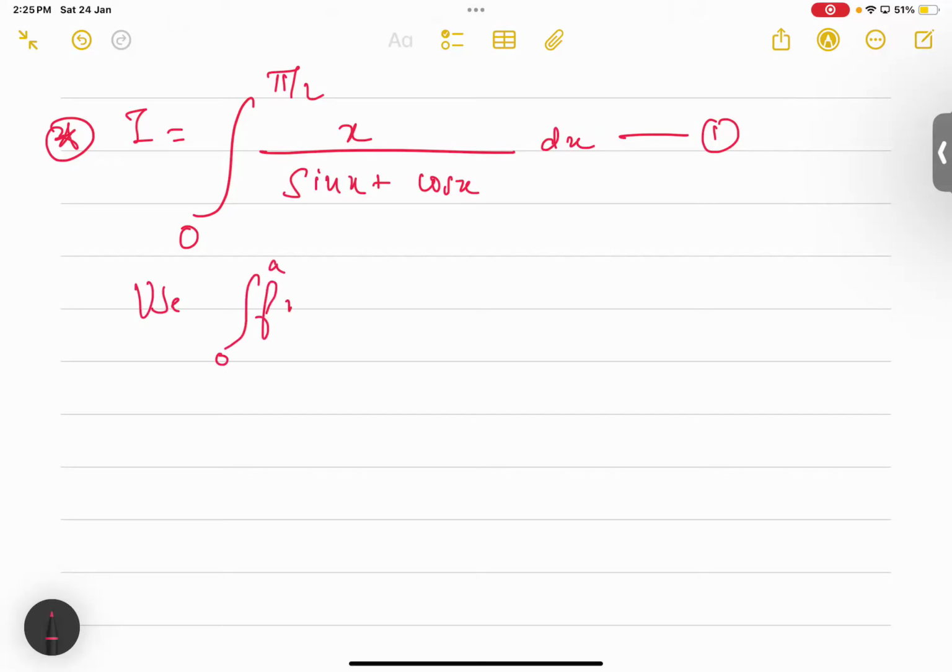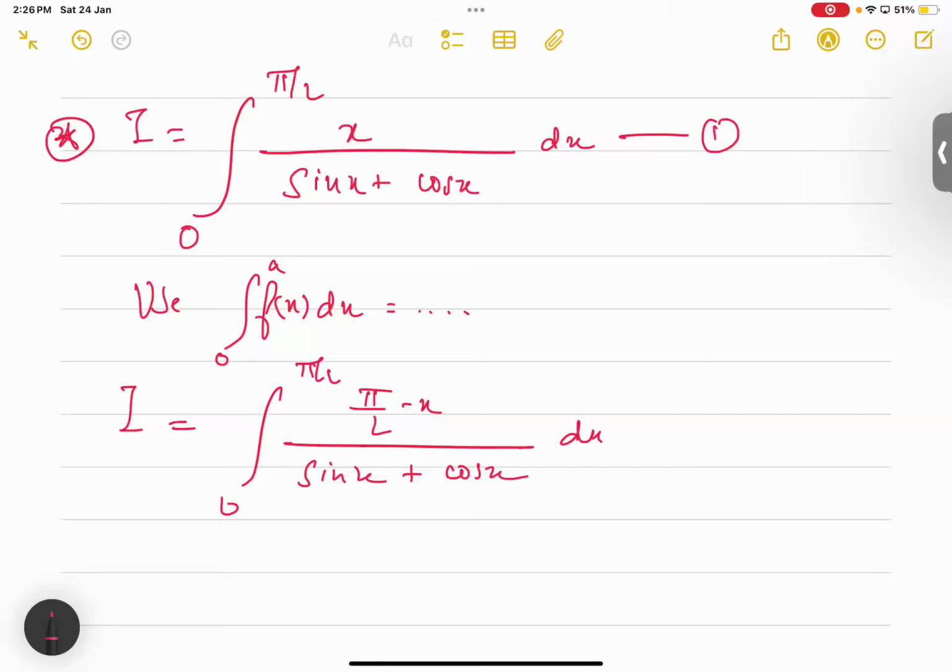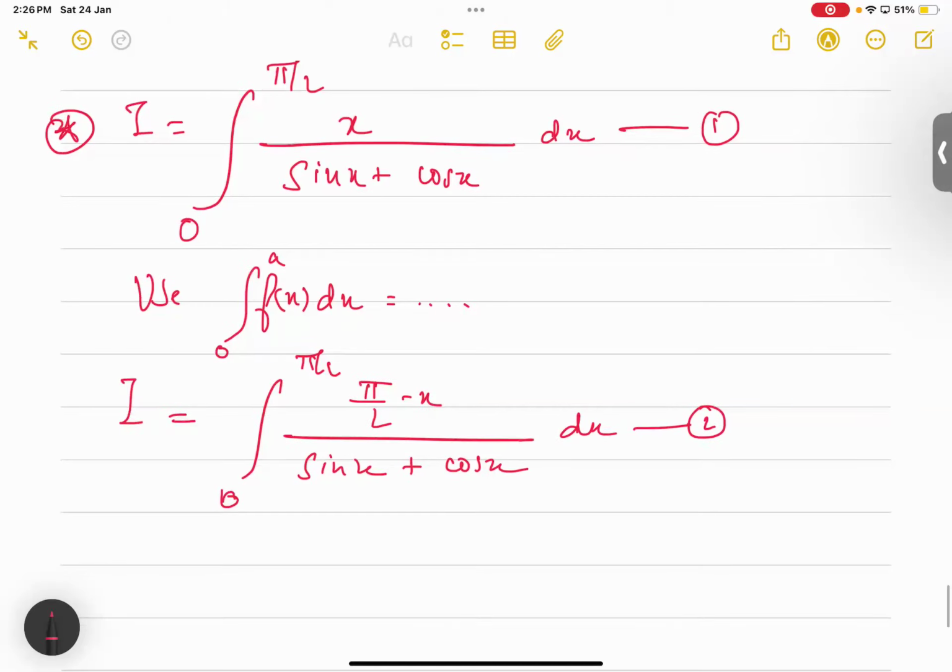Use the 0 to a f of x dx property. I'm not writing all the steps. Equation number 2. Clear? Add 1 and 2.